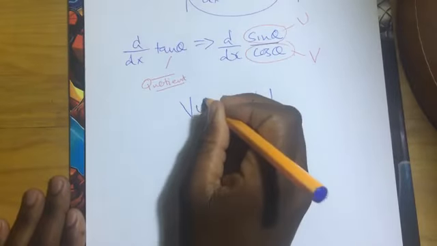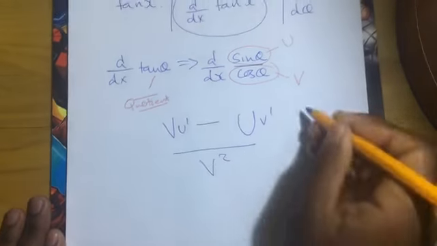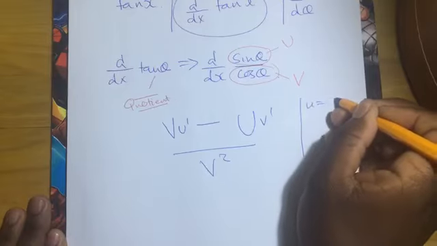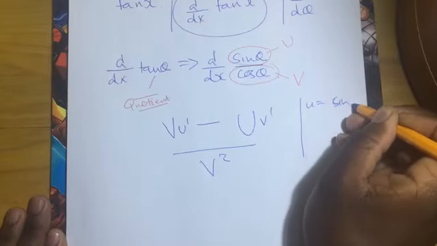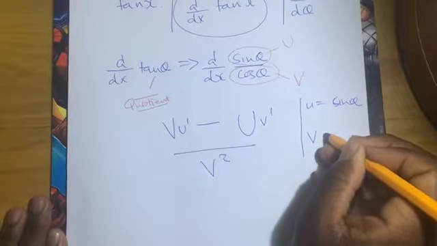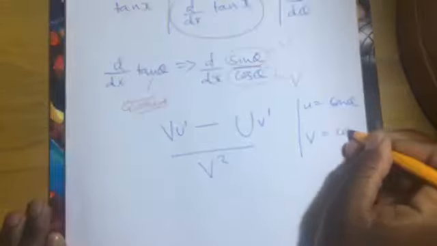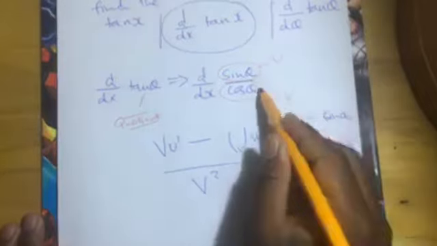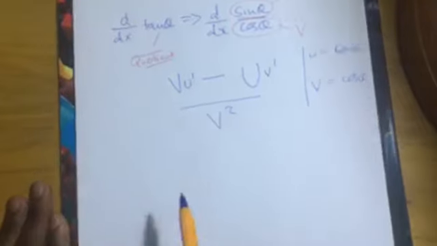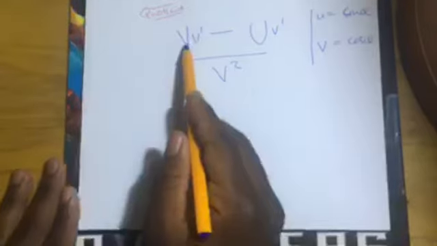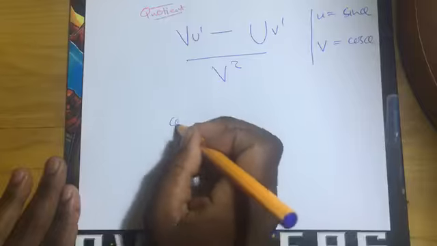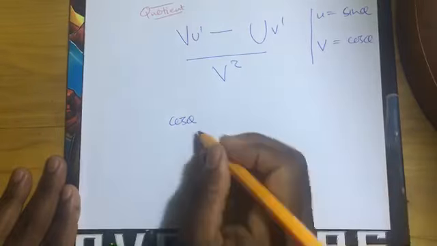This is going to be U prime, this is going to be V prime. U is sine theta, and V is going to be cos theta, because the denominator is always V. So I start plugging in. Where there's V, I'm going to put cos theta.